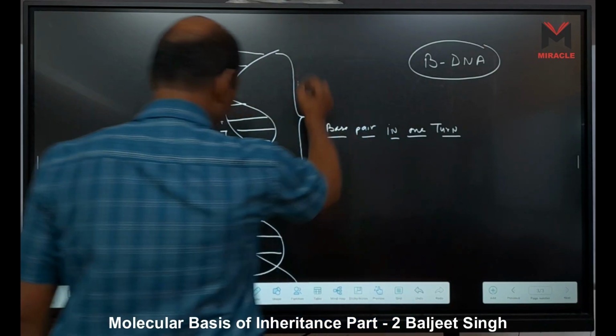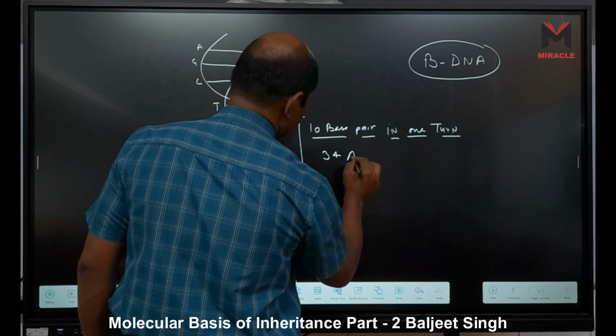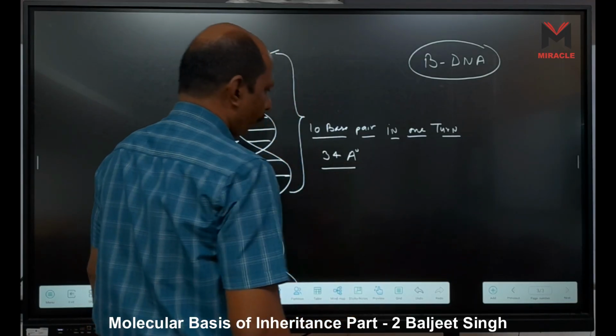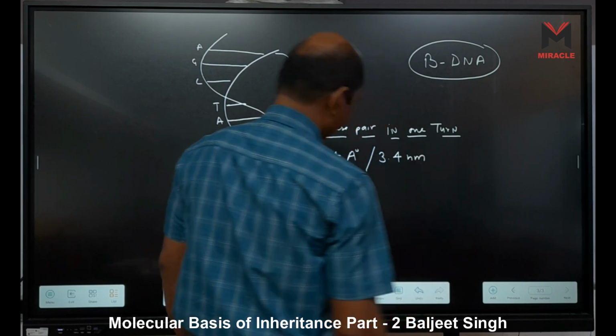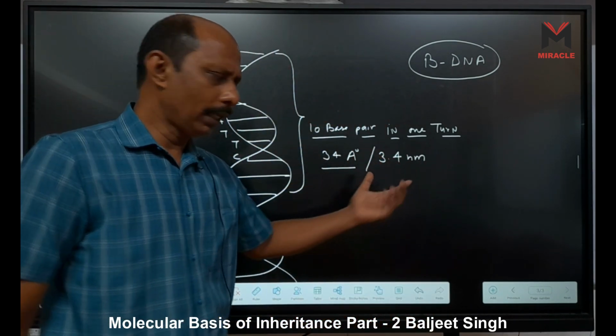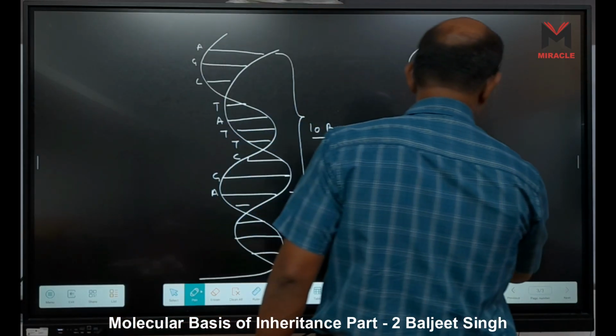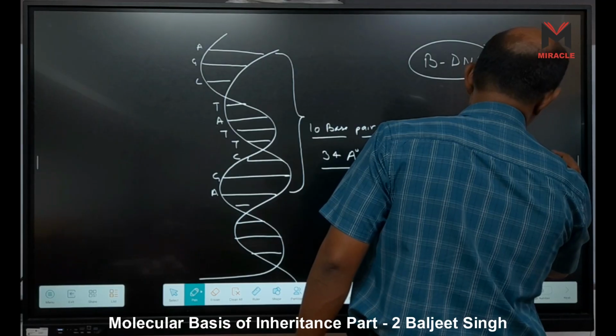And the length of this one turn is 34 angstrom, or we can say it is 3.4 nanometer. Because in NCERT, nanometer is given. A nanometer is equal to 10 power minus 9 meters.